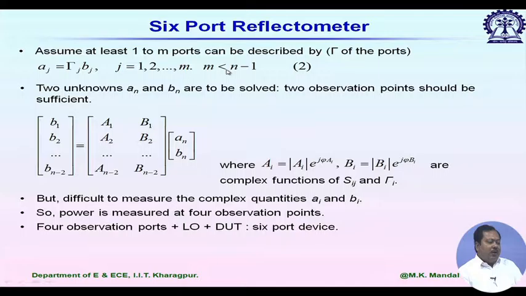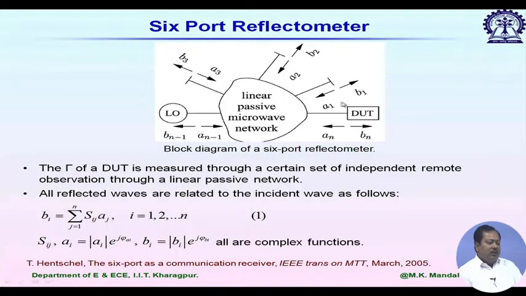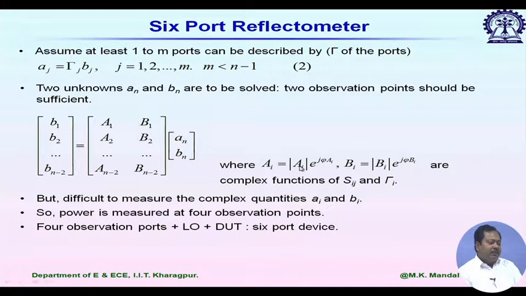Now, we have two unknowns, An and Bn, which are to be solved. You see, we are using it as a reflectometer. If we can determine the values of An and Bn, then we can calculate the S11 of this device under test, the reflection coefficient of this device.